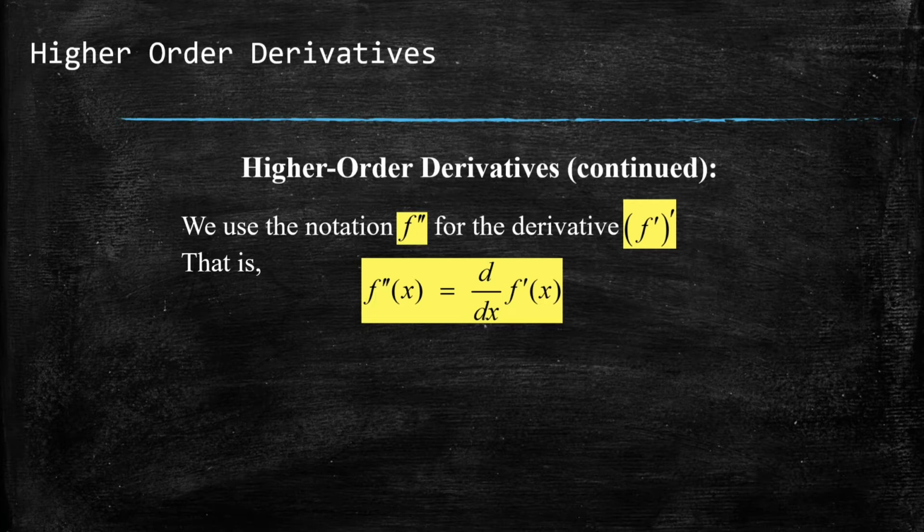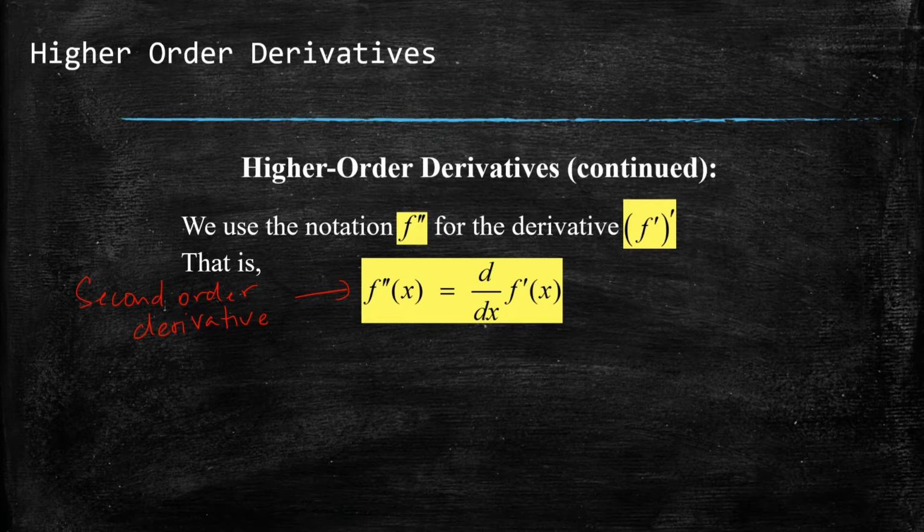Let's see what is the value of f double prime. Now we are going to be finding the second order derivative. So your second order derivative is denoted by the notation f double prime of x, and as I have explained in the last slide, you get this derivative by differentiating the first order derivative one more time with respect to x.